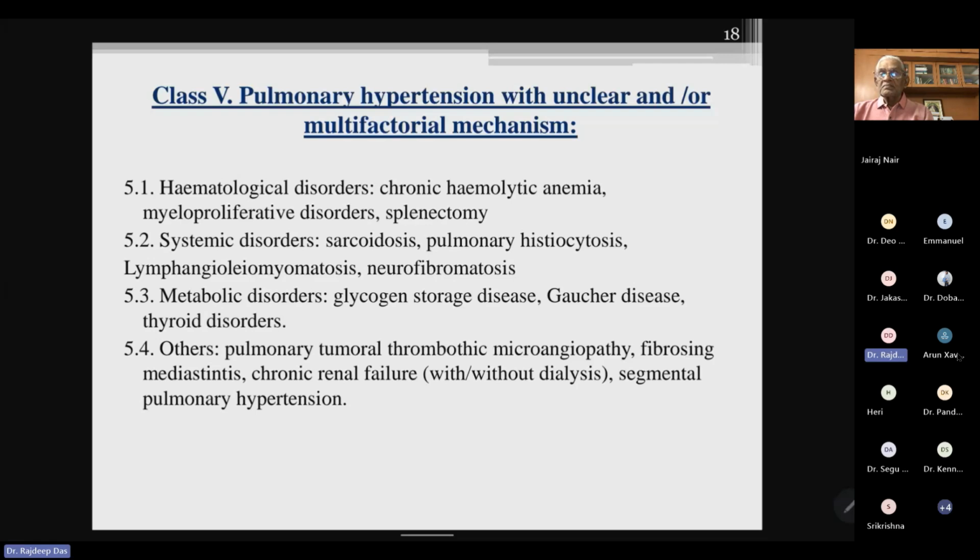So these 5 classes were described by the WHO according to the etiological classification.